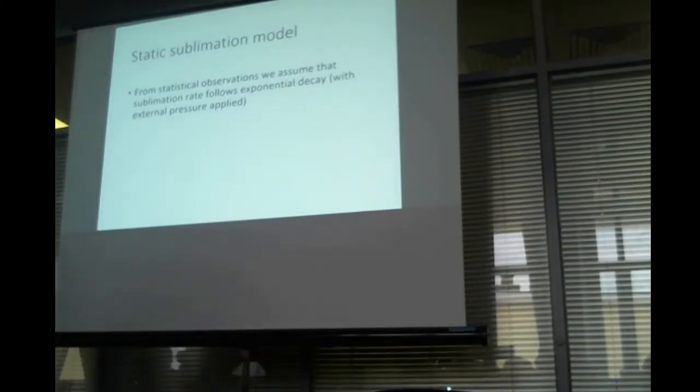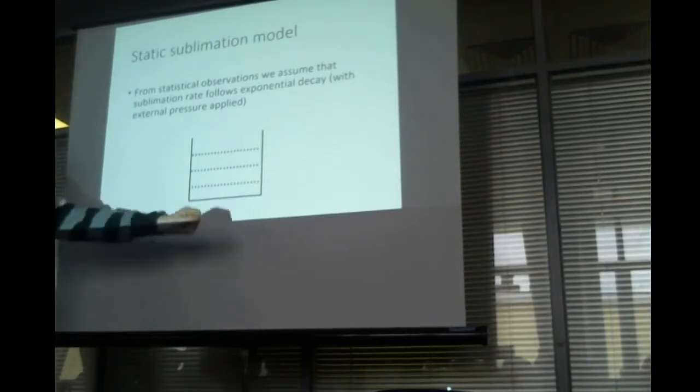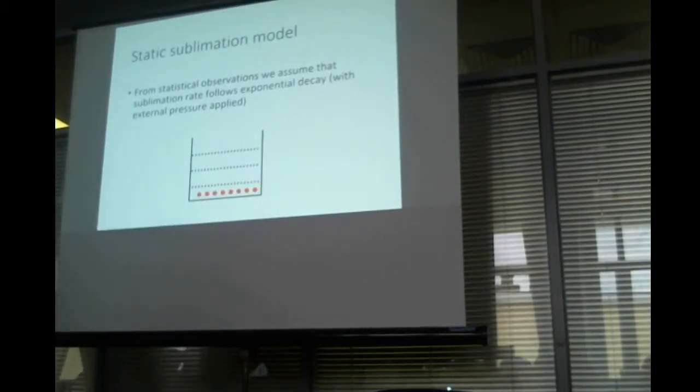This is our simple thought experiment for how we expect the function with pressure to be. This is the ice surface. It first releases some gas molecules, and the dashed lines are the mean free distance in air.